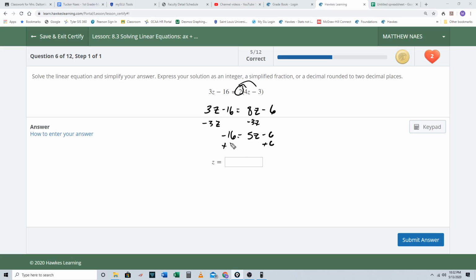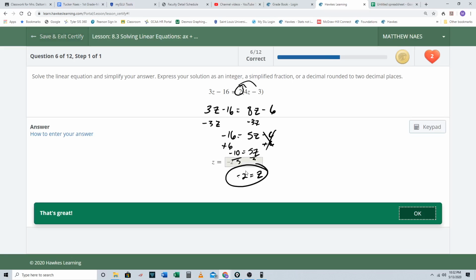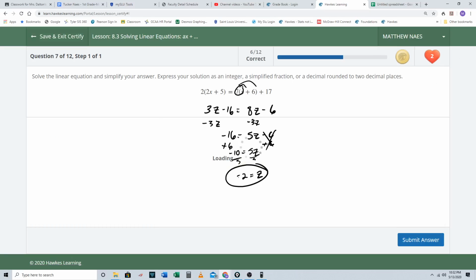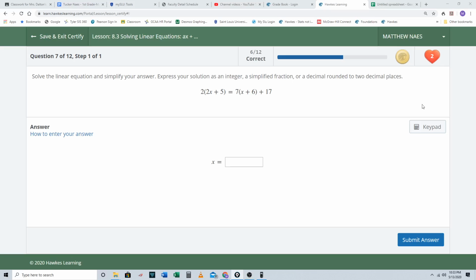Add that 6 over to get the variable by itself. Get rid of the constant. Negative 10 is equal to 5z. Lastly, divide by 5. Negative 2 is equal to z. And there it is. I think it's pretty easy. It's not too bad. That's very similar to one we just did.